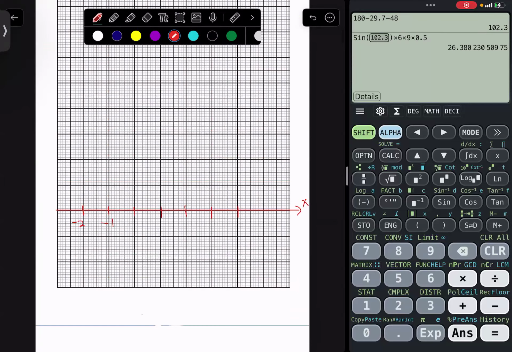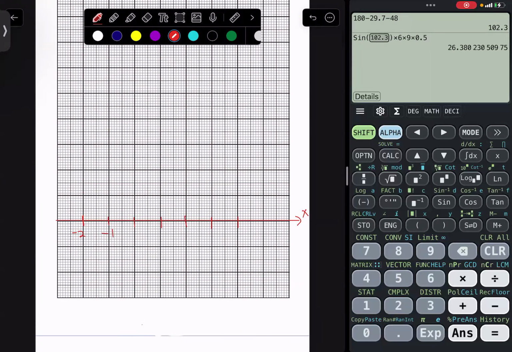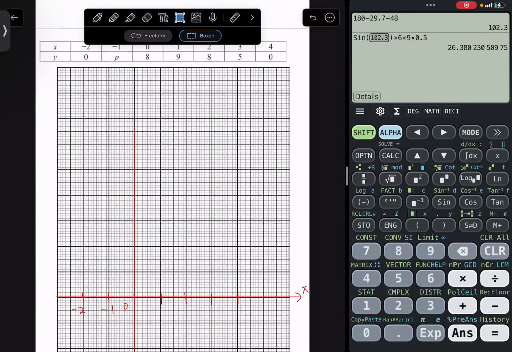So this is going to be my 0. This is my y-axis.